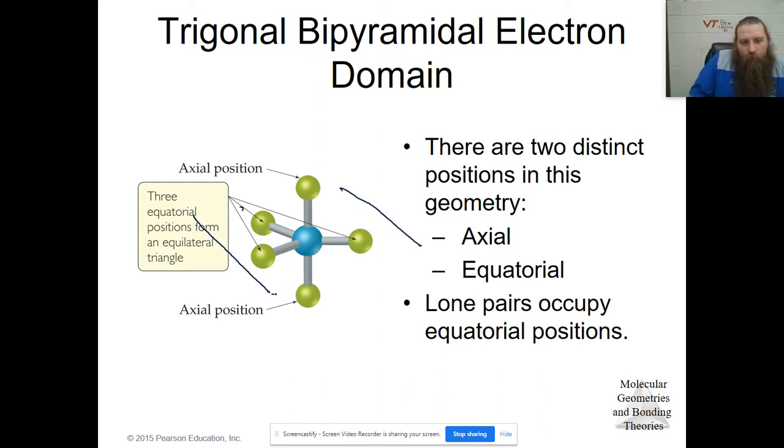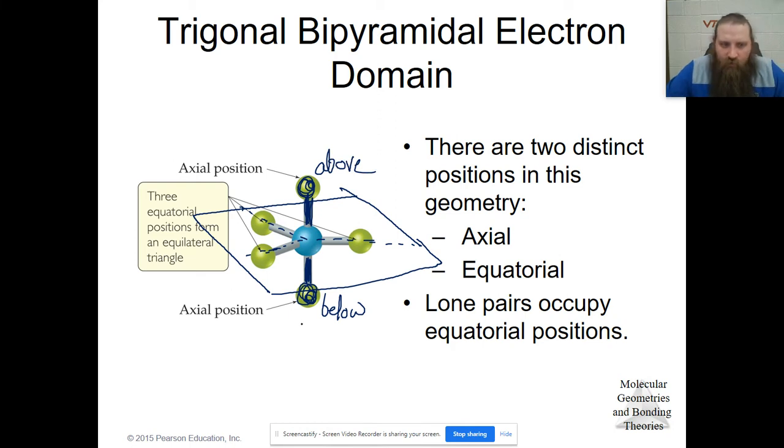If I was to draw a piece of paper, then all of this would be in the plane of the paper. It's sitting directly on this piece of paper. But this stuff down here is below, and this here is above.